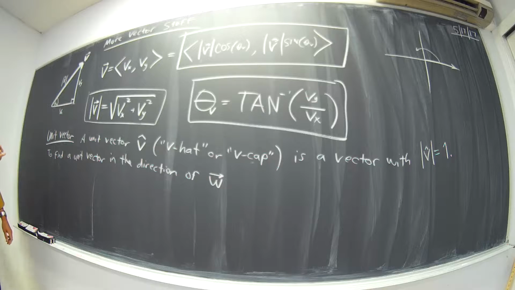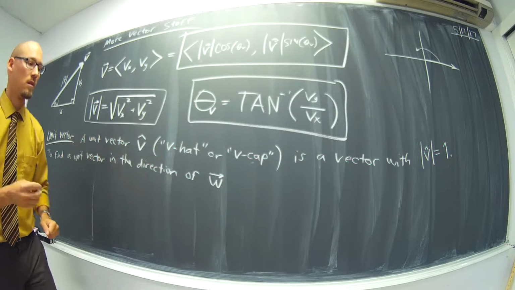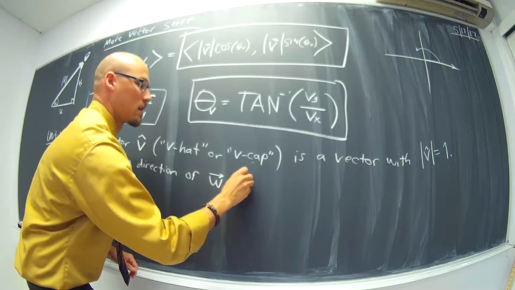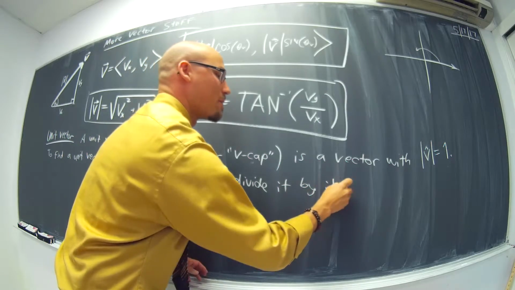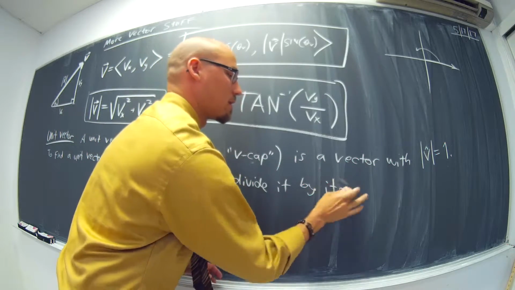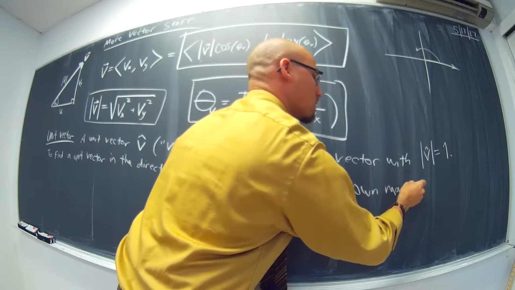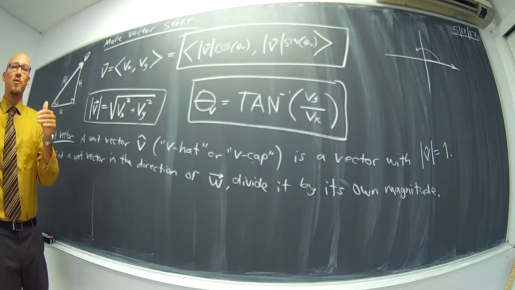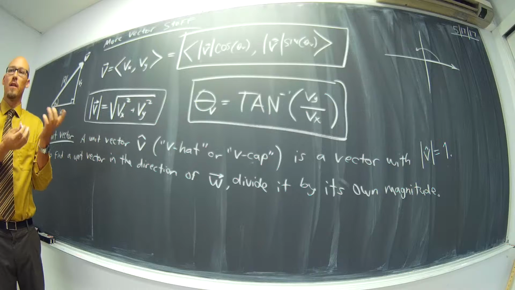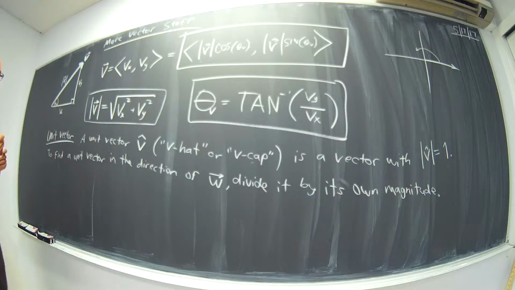So to find a unit vector in the direction of this arbitrary vector w, divide it by its own magnitude. And this is pretty slick. You have a vector, if you divide it by its own length, it becomes 1. Something divided by itself is 1. So when you see this as a vector, you're like, that's super slick.